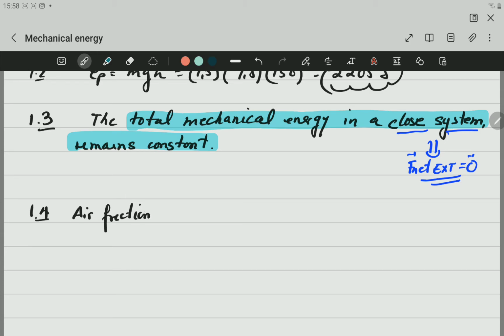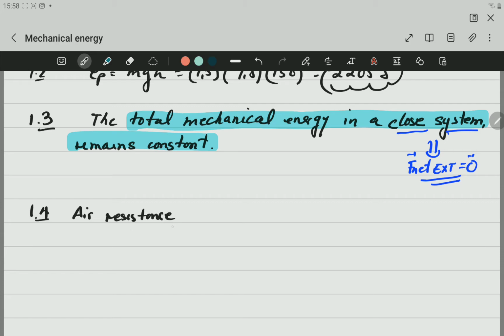or air resistance. It should be air resistance. Let's write air resistance, and then you can substitute friction. Air resistance, okay? That is what must be ignored, because there must not be any external forces acting on the system.